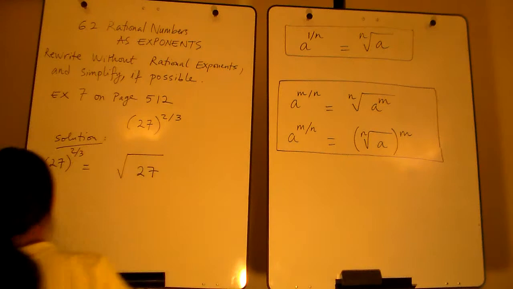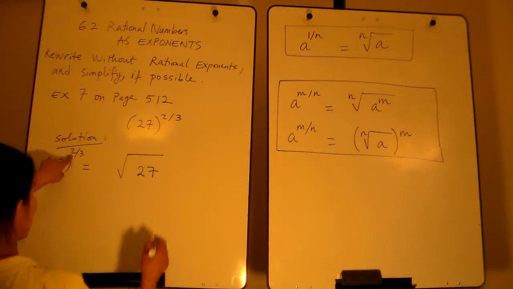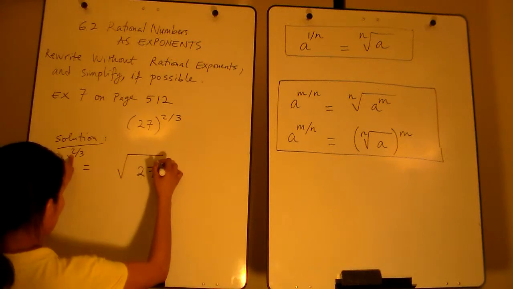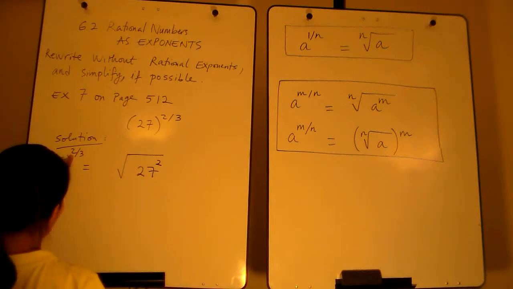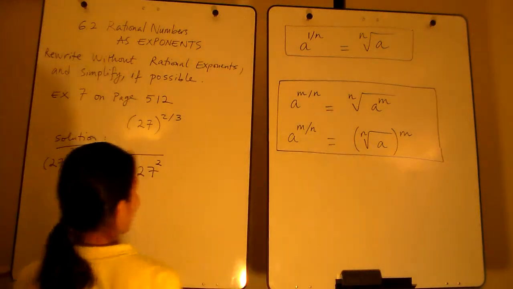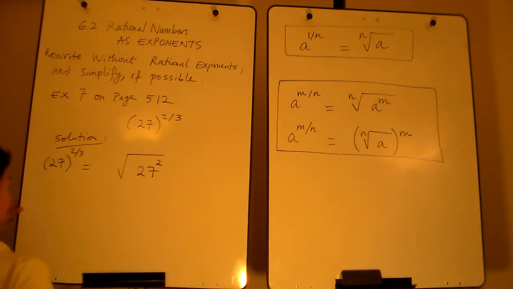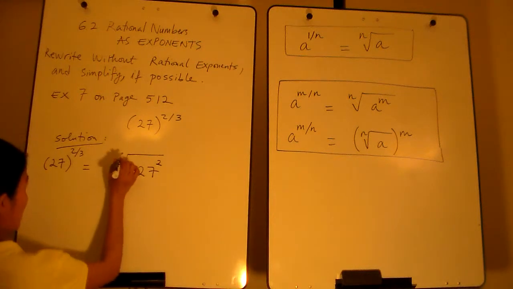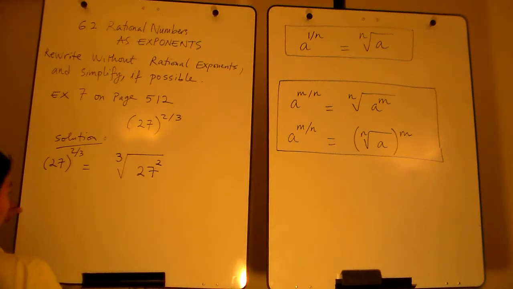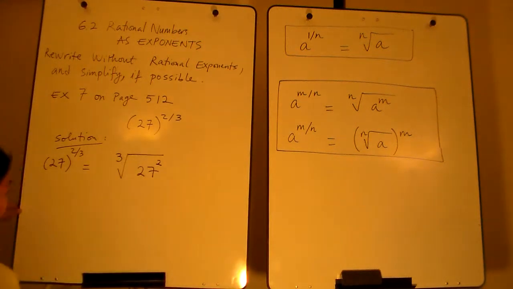What is m? m is 2, on top of this rational exponent. So 27 raised to the second power. And then what is n? n is the denominator of the rational exponent, so it's going to be the cube root. Using this formula, you're going to have this form.